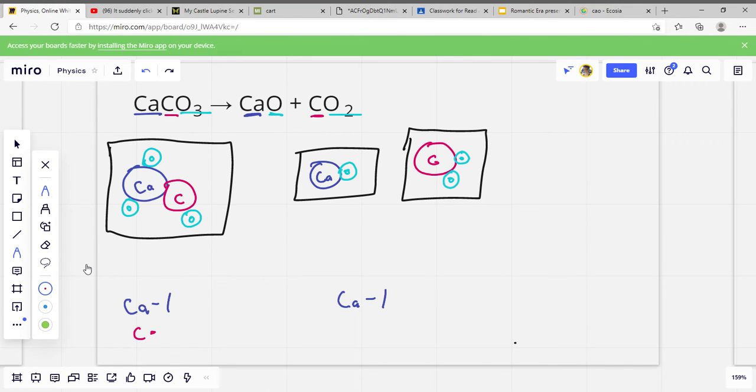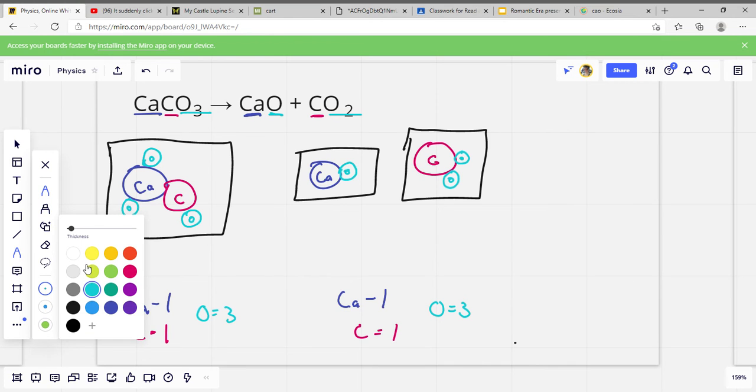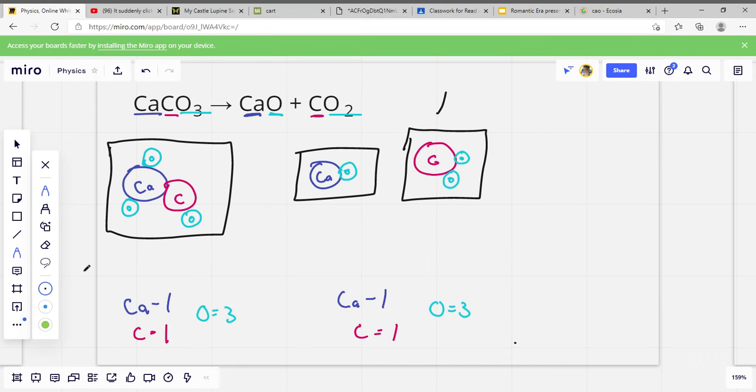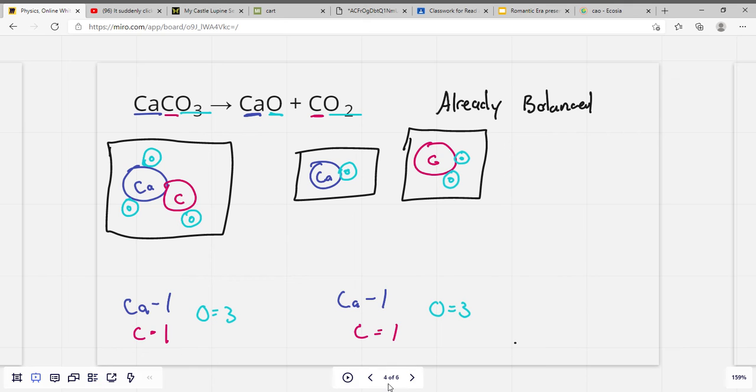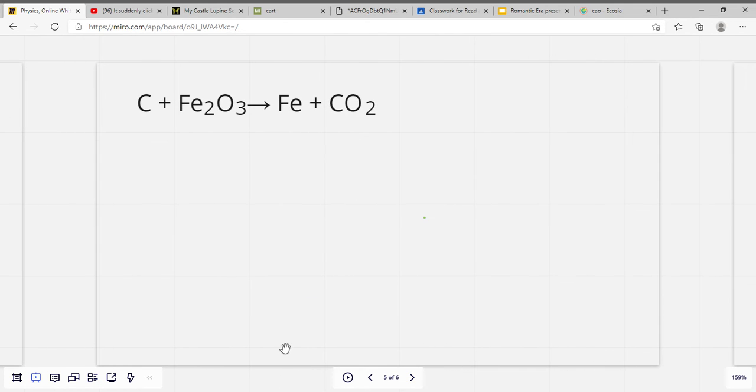Whoopsie. We have 1 on this side, and our carbon on this side, we have 1. And then our oxygen, we have 3, and on this side our oxygen, we have 3. So this is already balanced. So we don't have to do anything to that one. It's already balanced for us. All right, let's try another one.